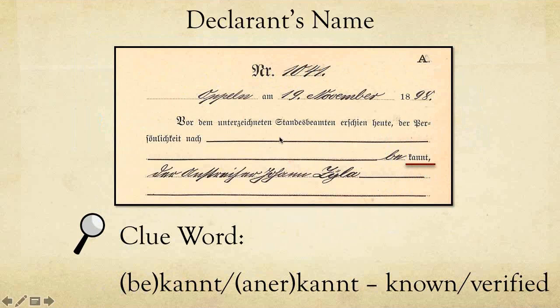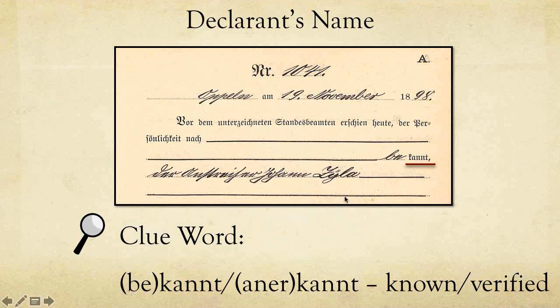If you get some writing here, some words on these two lines, plus the words anerkannt, so A-N-E-R here, that means that the person's identity was verified by whichever document was written here. So if you have writing on these lines, that means that the person was not known to the registrar and he had to show his passport or his baptismal certificate to prove his identity.